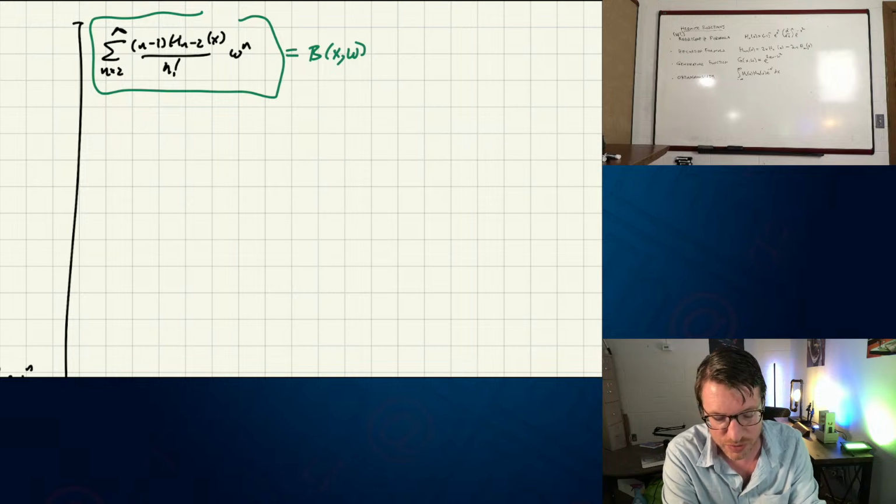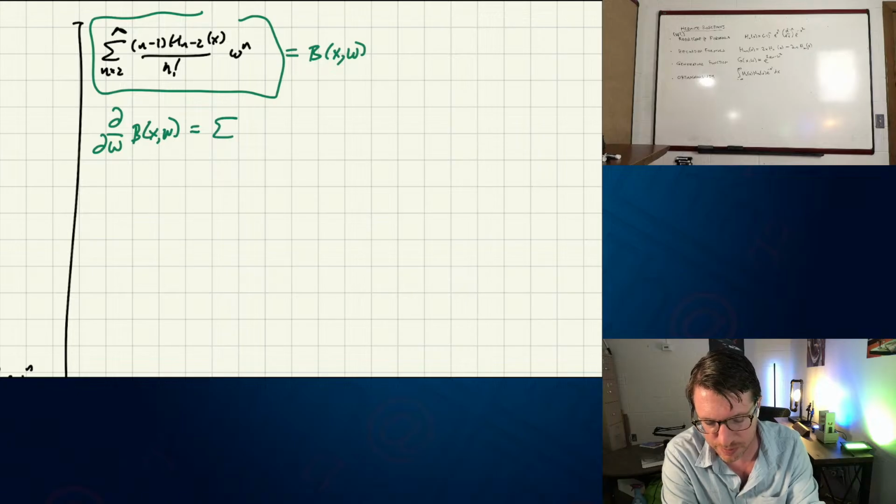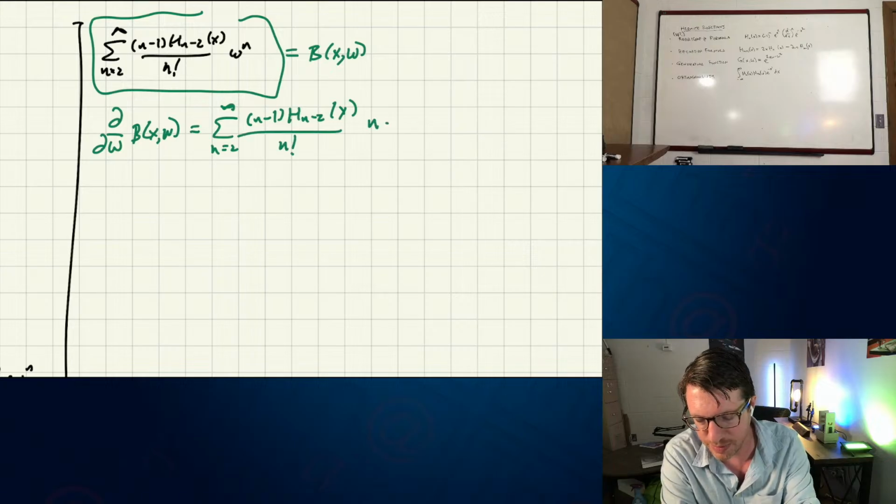Let's go ahead and take a derivative. If I take the partial derivative with respect to w of b of xw, then that is equal to the sum n equals 2 to infinity of n minus 1 hn minus 2 at x divided by n factorial, and then we get n times w to the n minus 1.